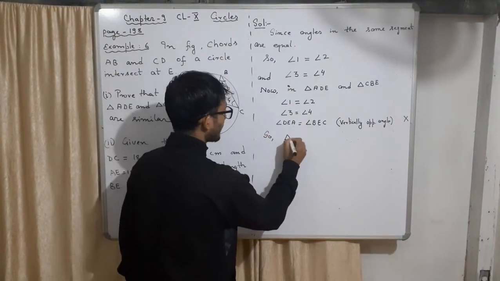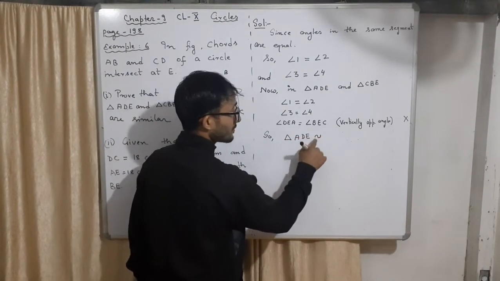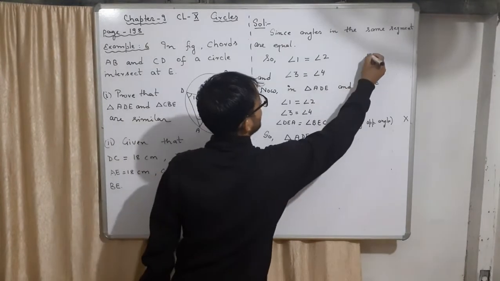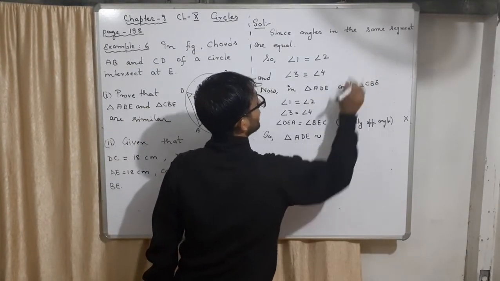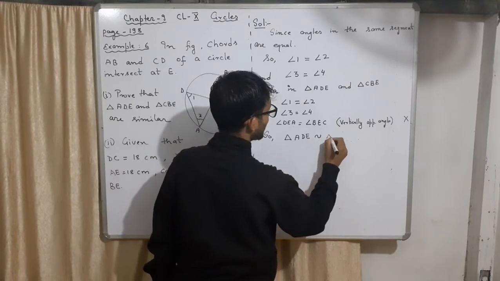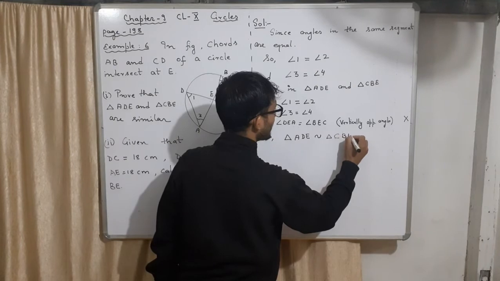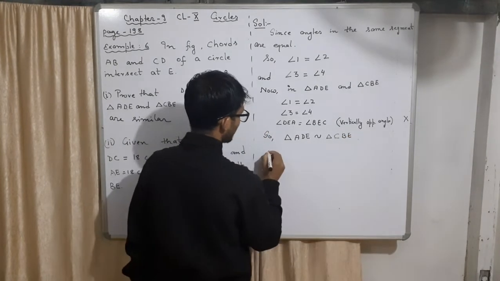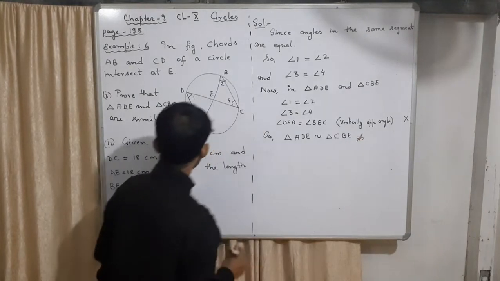So you have found that triangle ADE is similar to triangle CBE. This is the symbol of similar, and the symbol of congruent is this one. The first part is proved, right?